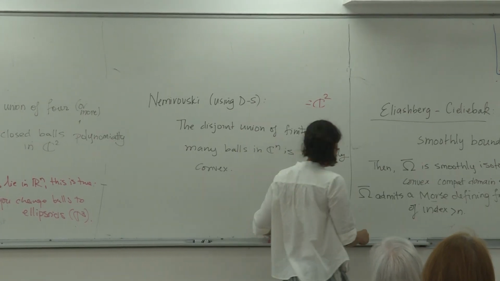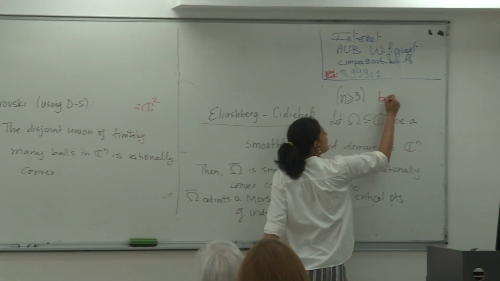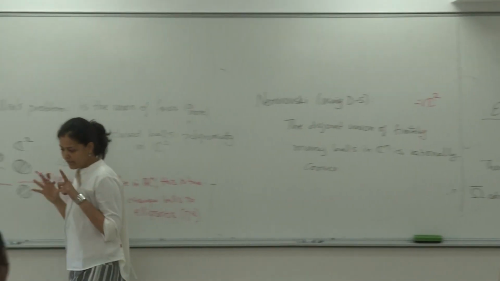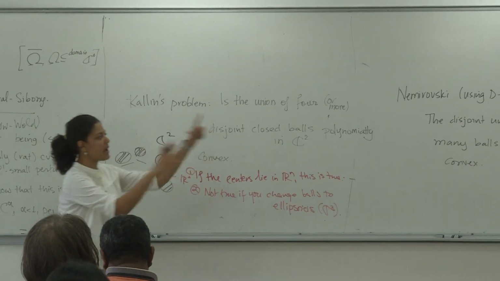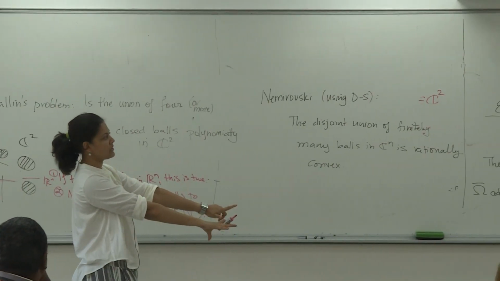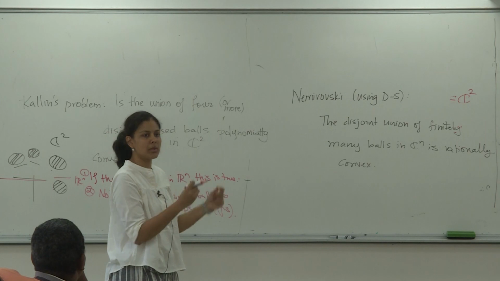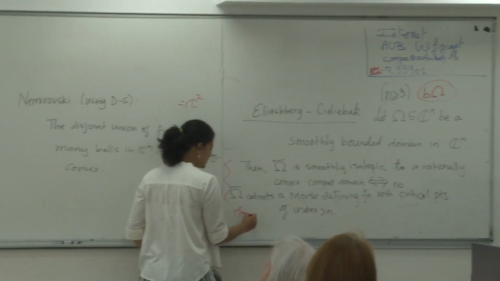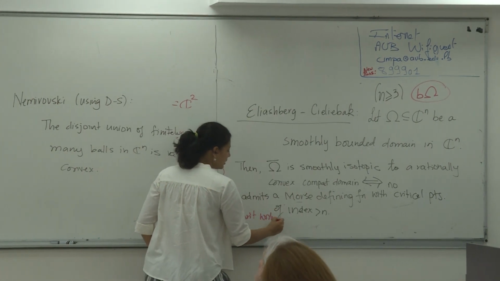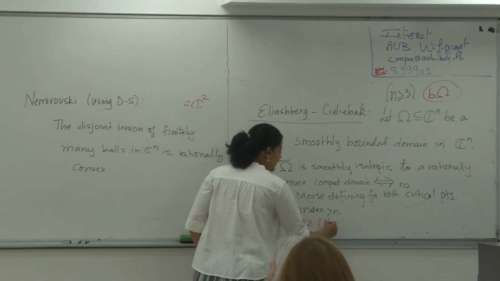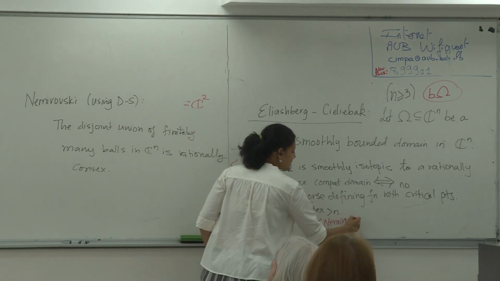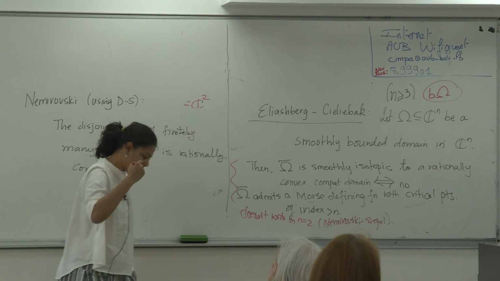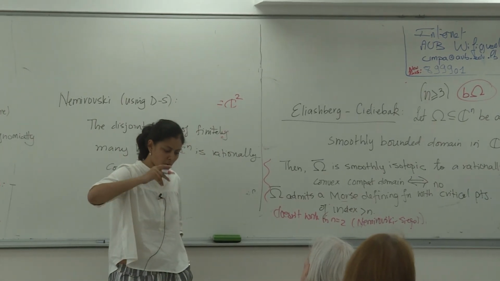If you take the topology of this three-manifold to be very simple, they are starting with the object that's going to act as b omega, and they want to understand when you can embed it diffeomorphically into C2 so that it bounds something with the right convexity property. So this doesn't work in n equal to 2, and there are examples by Nemirovski and Siegel, where in their paper they study a class of disk bundles over surfaces.